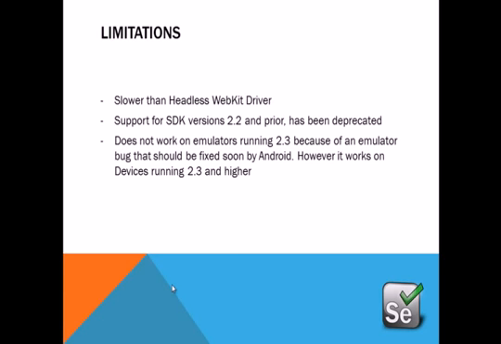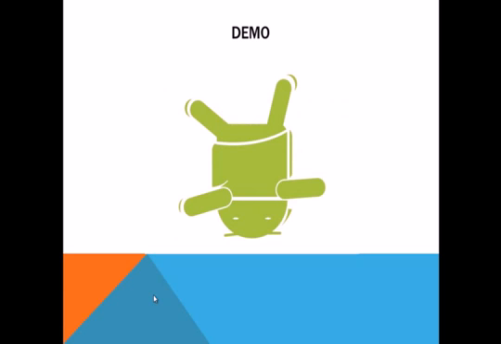The main problem you are going to face is that it's slower than a headless toolkit, and it supports 2.2 well in the emulator, but 2.3 has some little problem. Currently Android is trying to fix this problem. I hope in the very near future it's going to be fixed. But the device is okay. No version makes any problem.